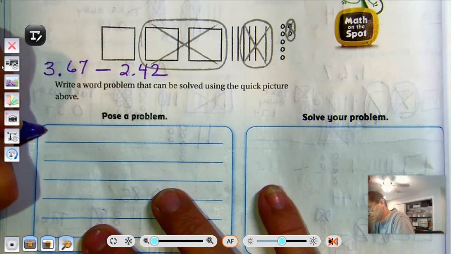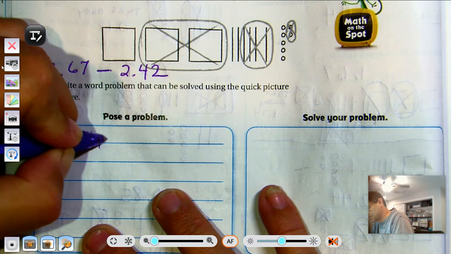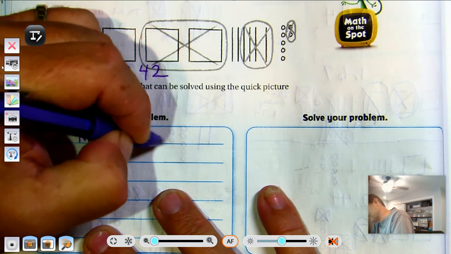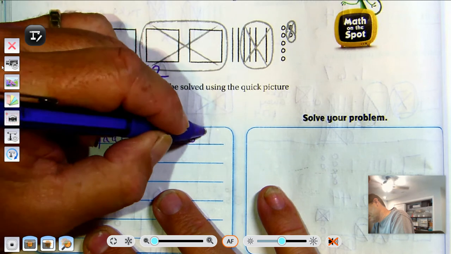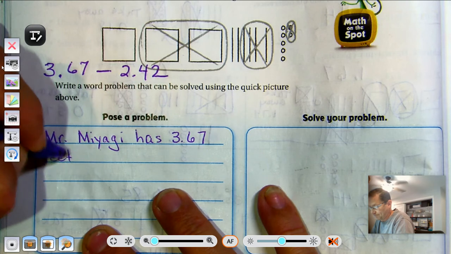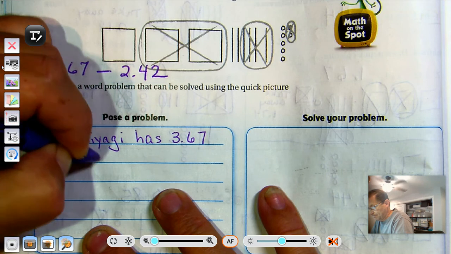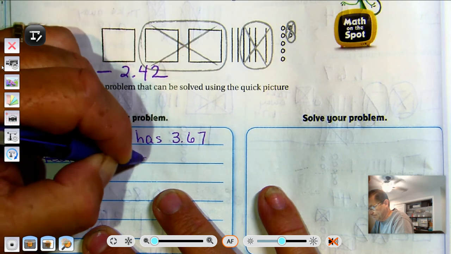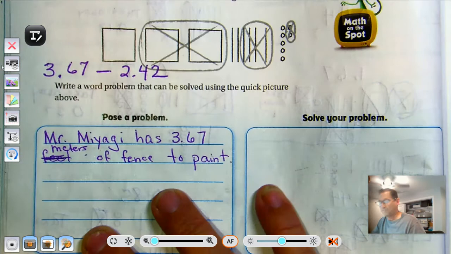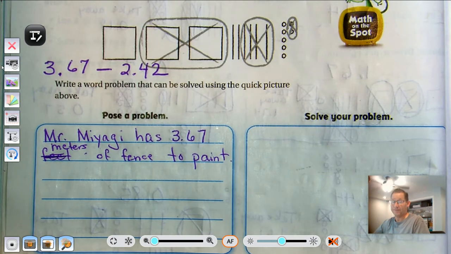So I don't know. Okay, so you have 3 and 67/100ths of something, right?